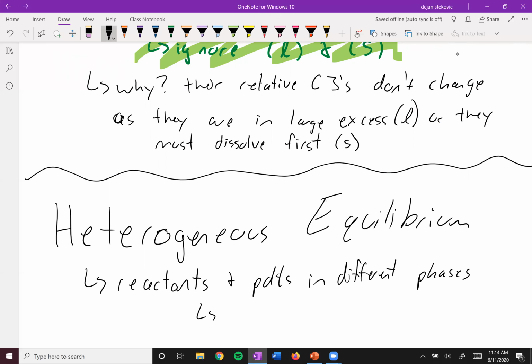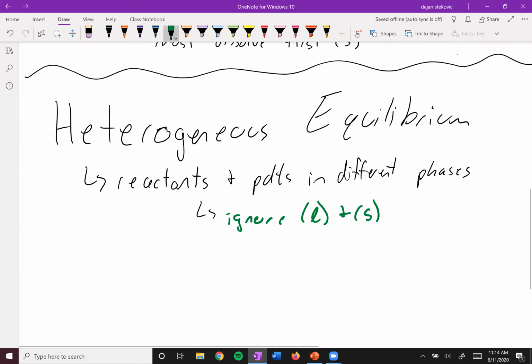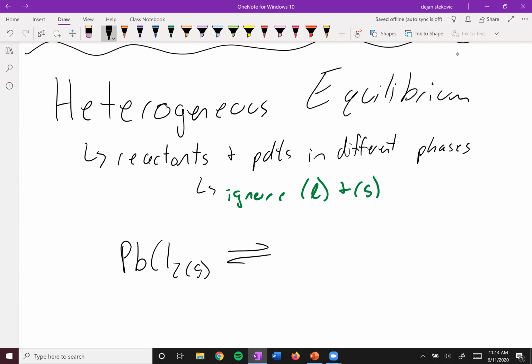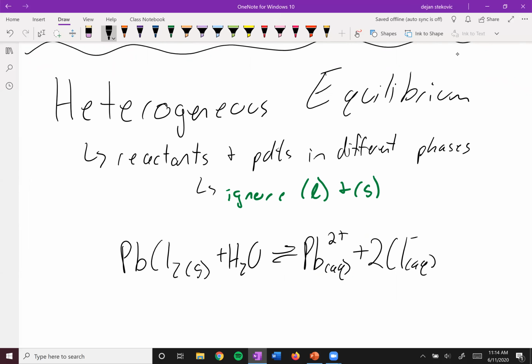But the same rule applies here. We're just going to ignore liquids and solids. So for example, if we had lead chloride, PbCl2, as a solid, and then we're going to dissolve it in some water, we'll get a dissolved compound of Pb2 plus aqueous plus 2 chloride minus aqueous.